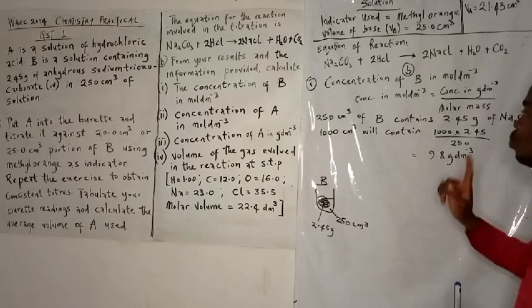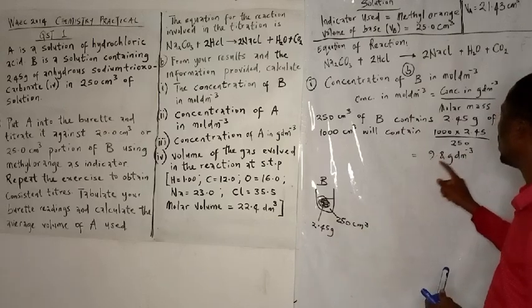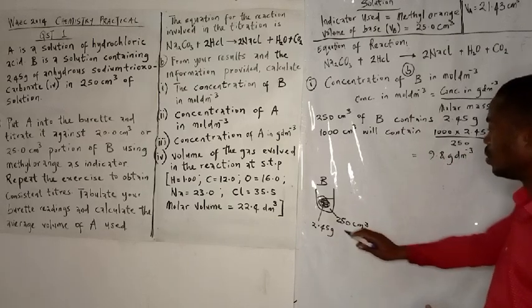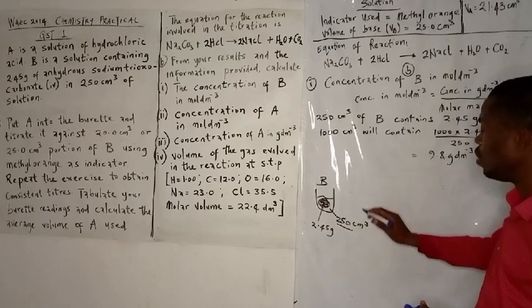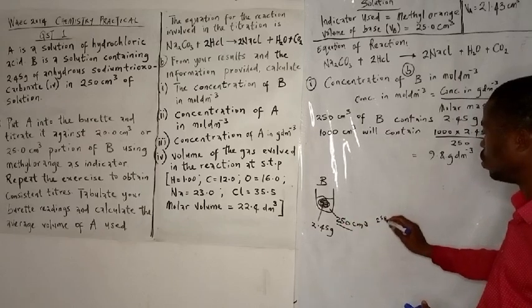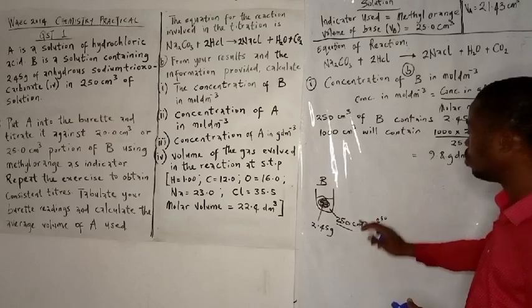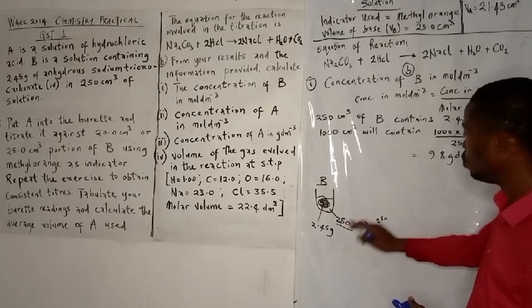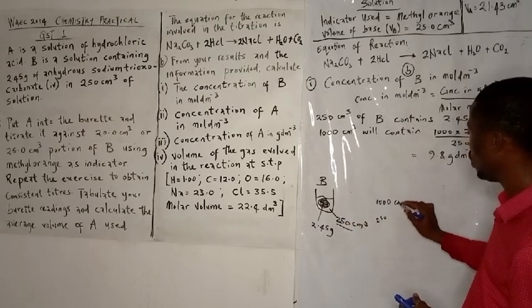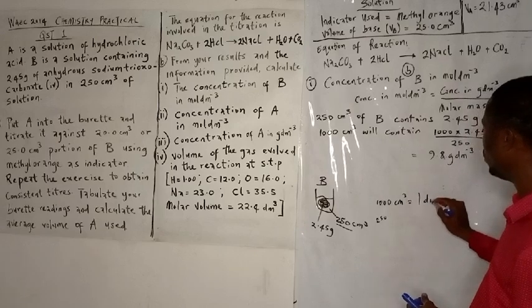It means that in 1 dm cube we'll have 9.8 grams. This is 250 cm cube. If you bring another 250 cm cube, you will have 500 cm cube. So if you bring 250 cm cube times 4 of this, it will give you 1000 cm cube, which is equal to 1 dm cube.